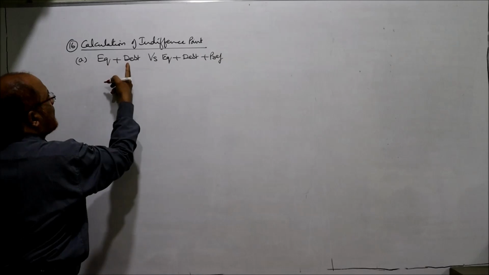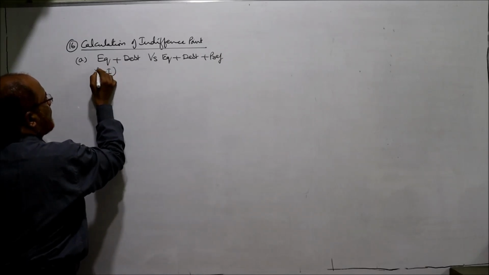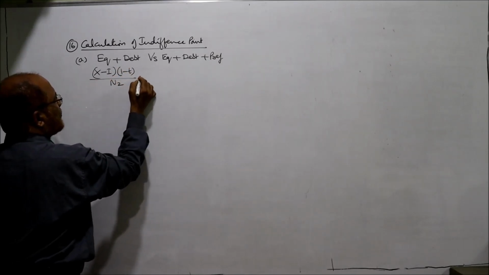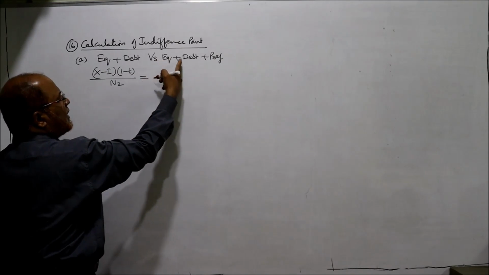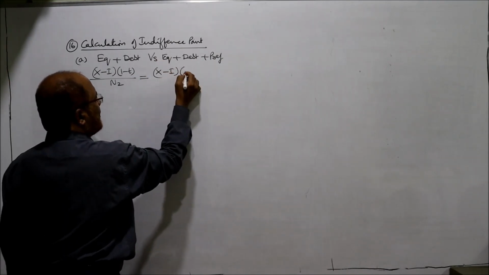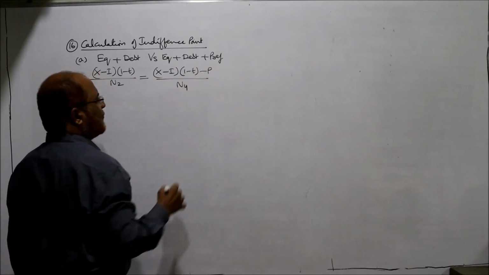When we say equity plus debt, the formula is (X minus I) into (1 minus t) divided by N2 is equal to, here equity, debt and preference, (X minus I) into (1 minus t) minus P divided by N4.